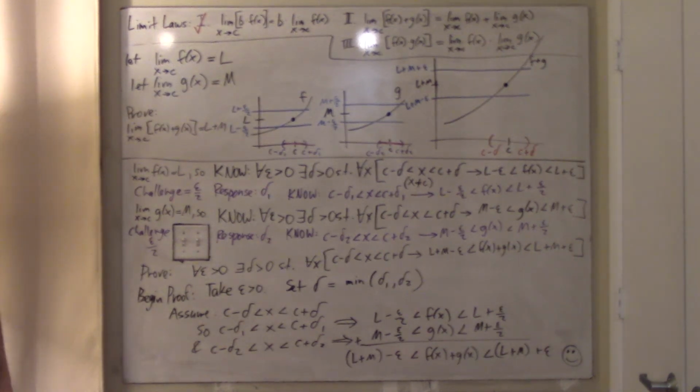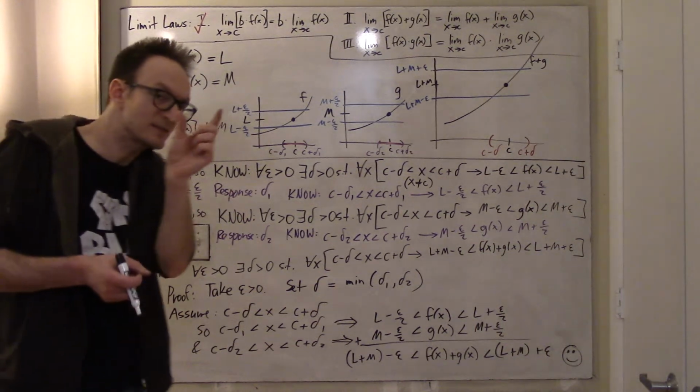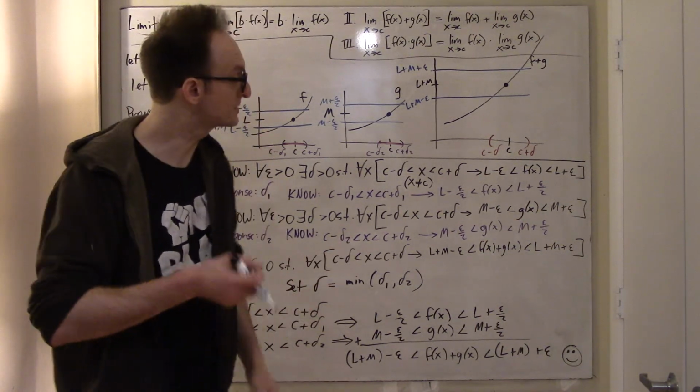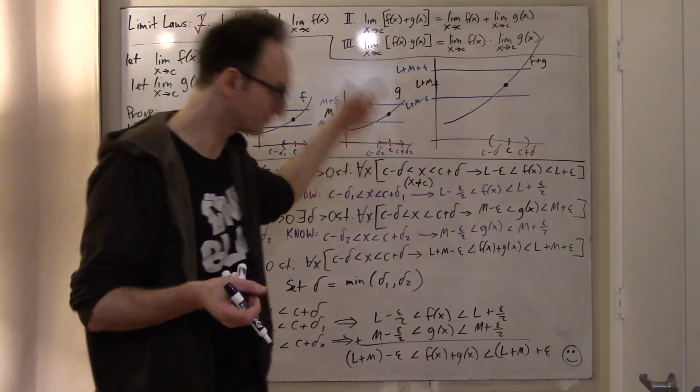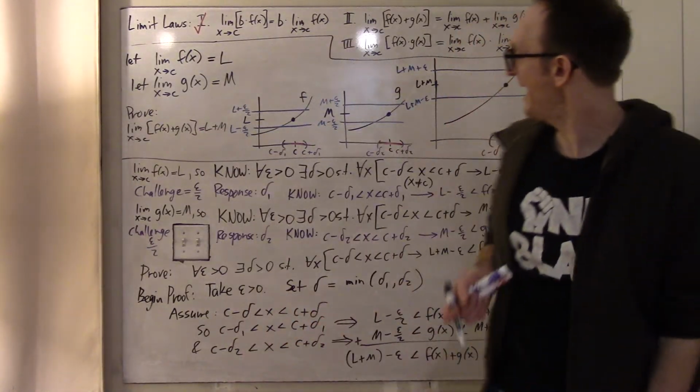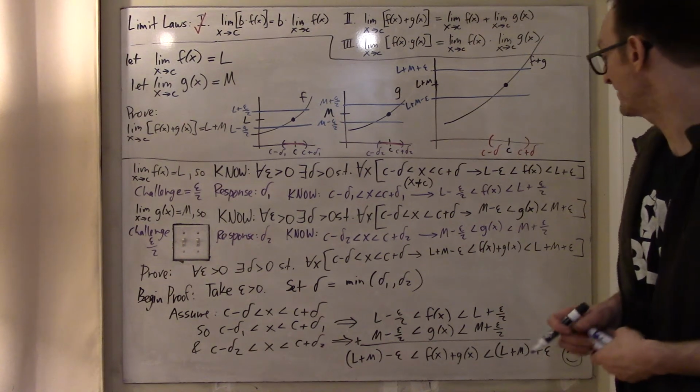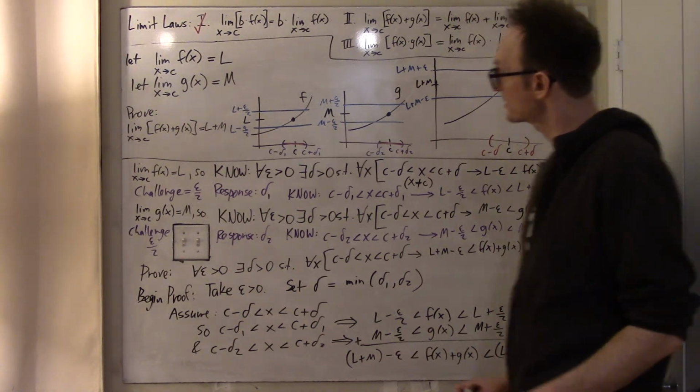And let's just choose delta to be small enough that both of these hold, and then you just add the two inequalities, and the whole thing is just done.